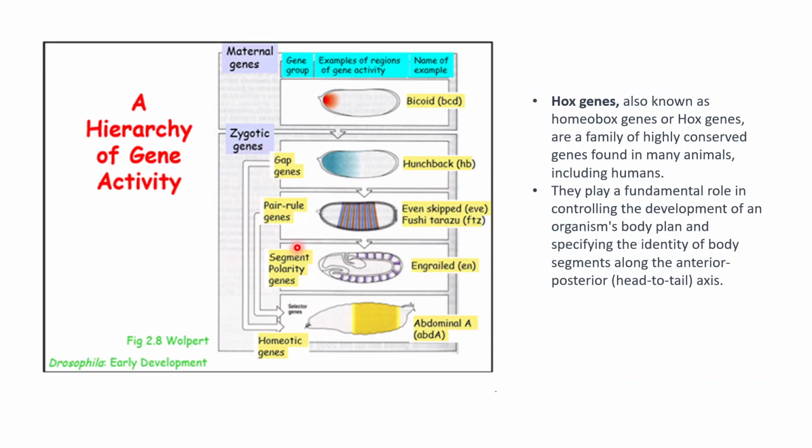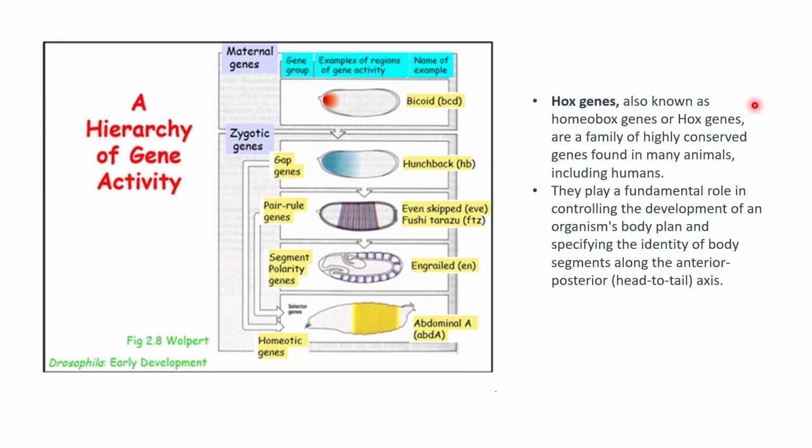All these three, gap genes, pair rule, and segment polarity, help in maintaining homeotic genes such as abdominal A. So this is the hierarchy, and you have to remember it. It is very important. Maternal genes, gap genes, pair rule genes, segment polarity genes, then comes the homeotic genes.